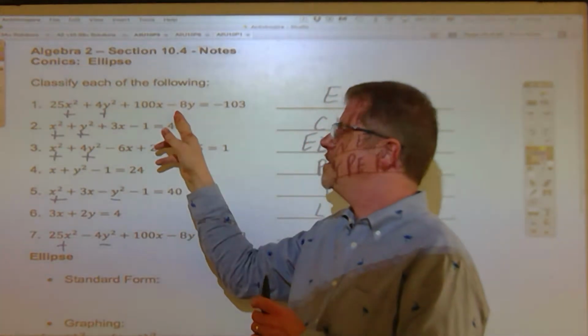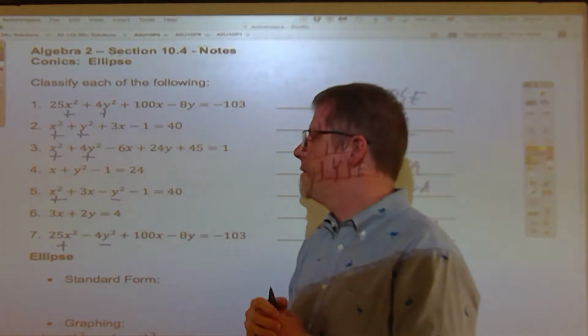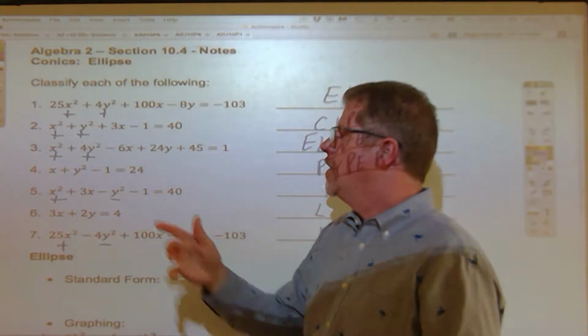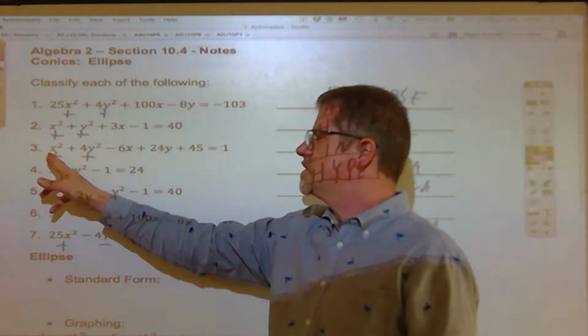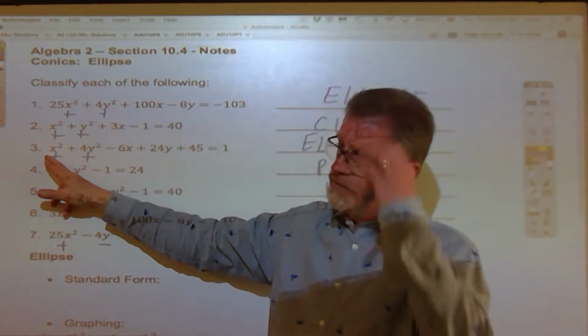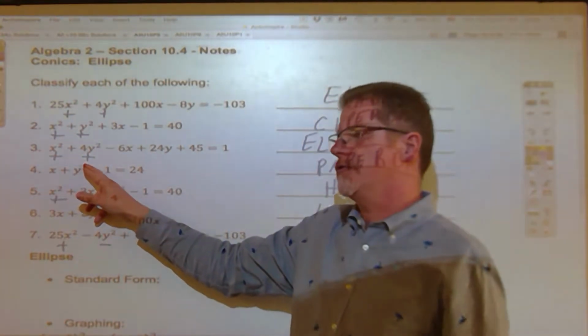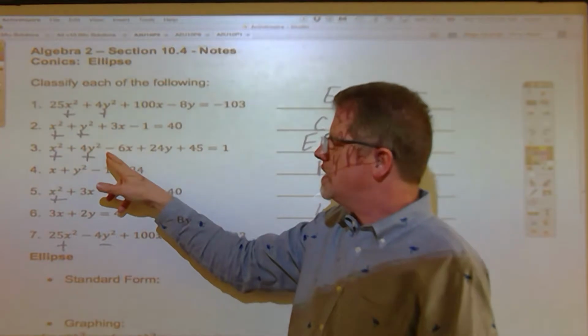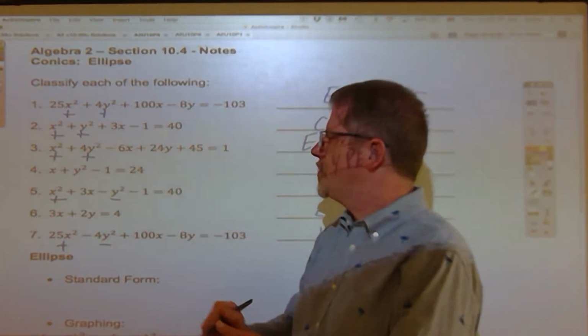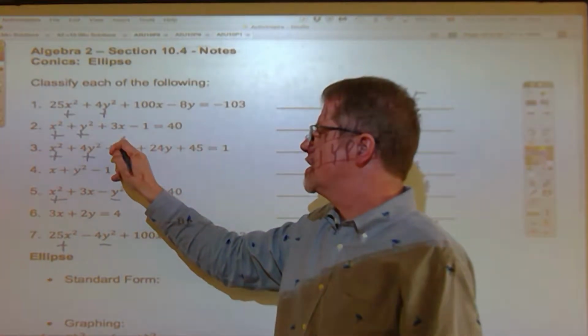So that way you don't have to be distracted by the different signs on 3. It's plus, minus. No, it's plus plus. Because the first square term is positive, and the second square term is positive. That minus sign here in number 3 can be thought of as plus, negative.